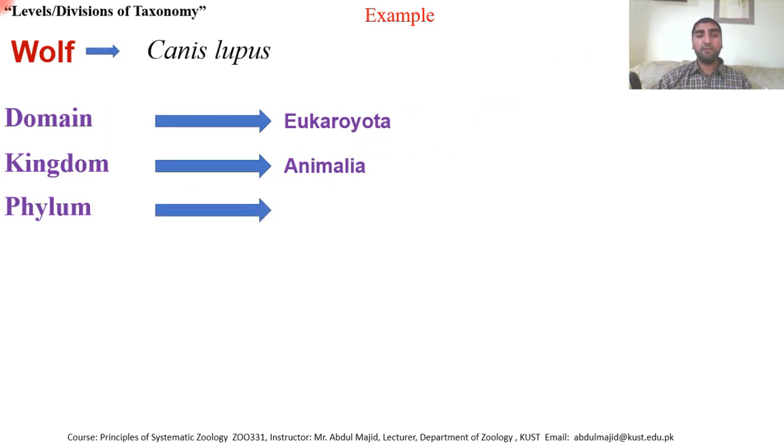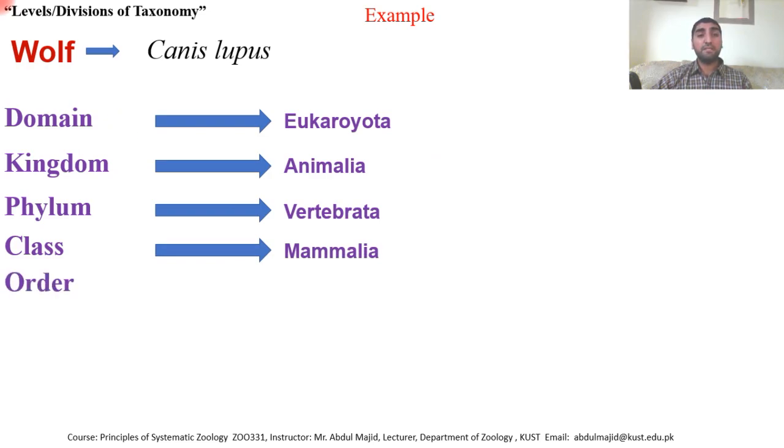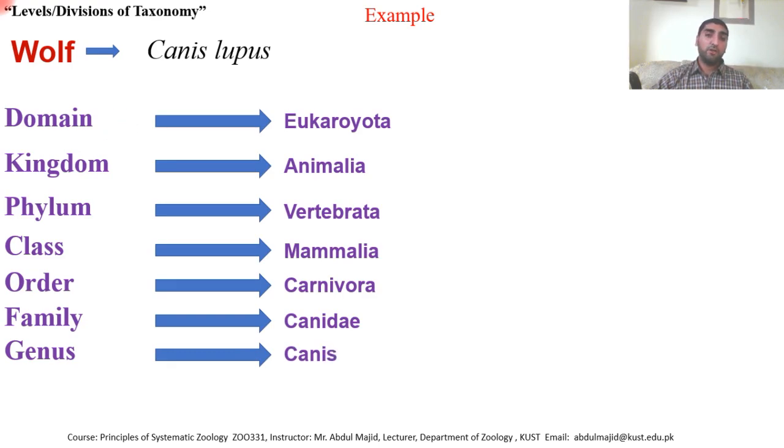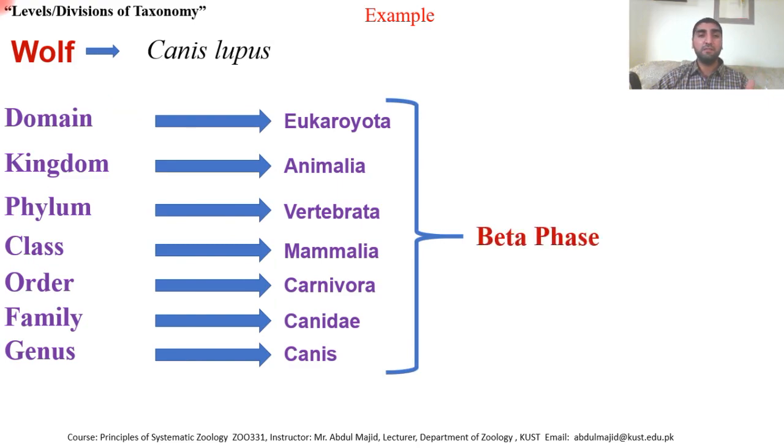Then he places it into the phylum Vertebrata because it's a vertebrate. Then the taxonomist places the wolf into class Mammalia because it's a mammal, and then into order Carnivora because it's a carnivore. Then into the family Canidae because they have canines, and then into genus Canis, again on the basis of the canine teeth. So this level is beta phase.